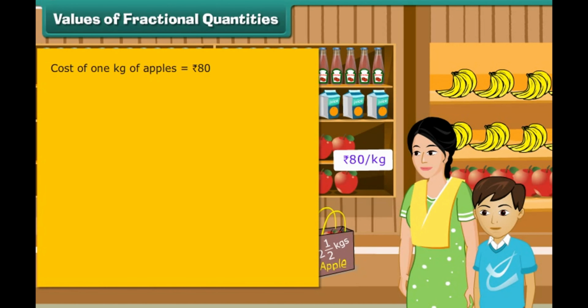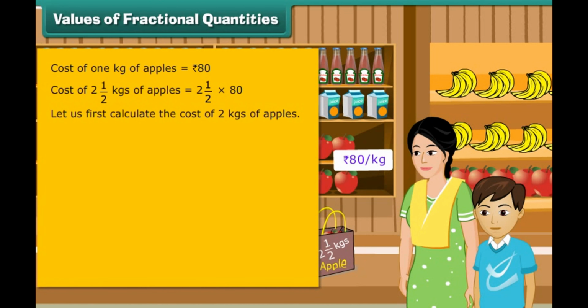Cost of 1 kg of apples is rupees 80. Cost of 2.5 kgs of apples is equal to 2.5 multiplied by 80. Let us first calculate the cost of 2 kgs of apples.